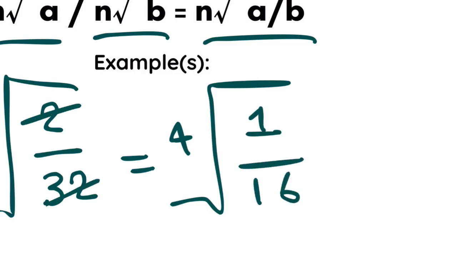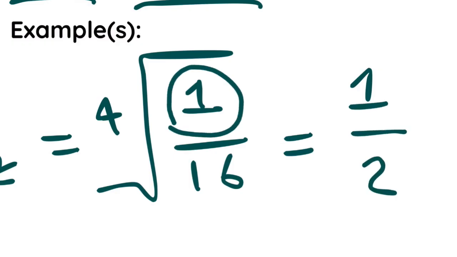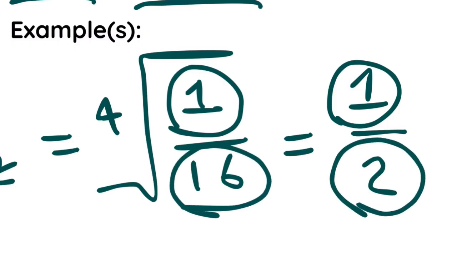These two are simplified, and if I raise both my numerator and my denominator to my root, to my degree, it is going to be 1 divided by 2, as the fourth root of 1 is 1 and the fourth root of 16 is 2.